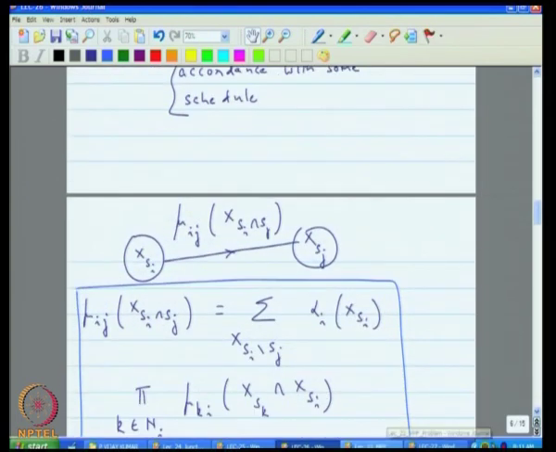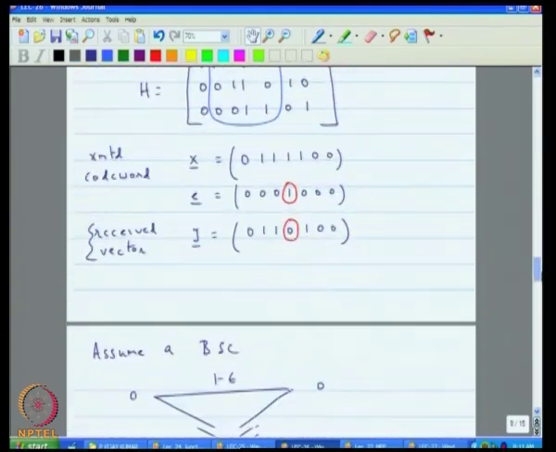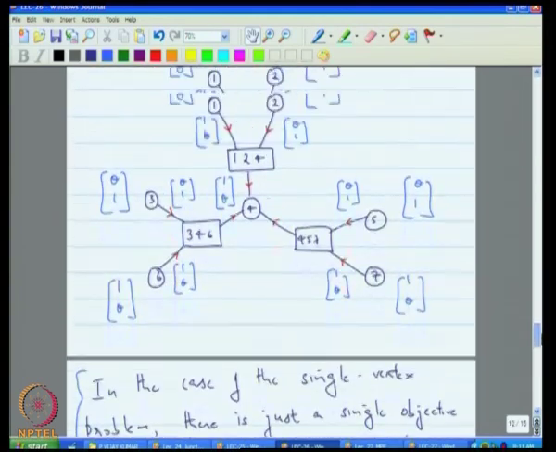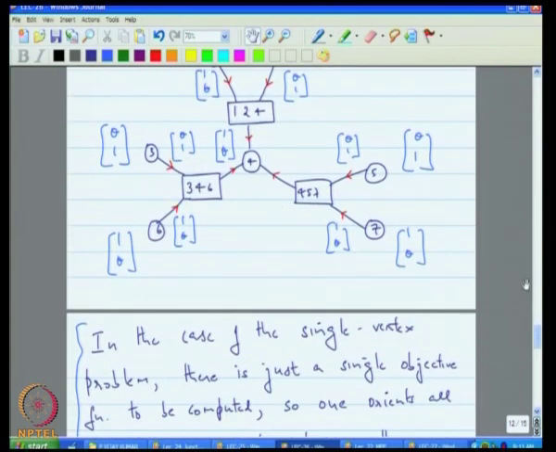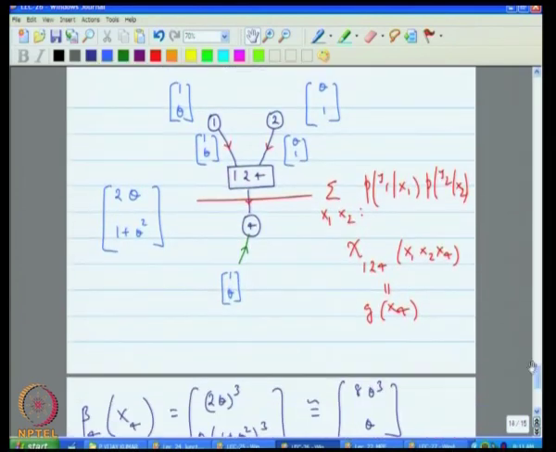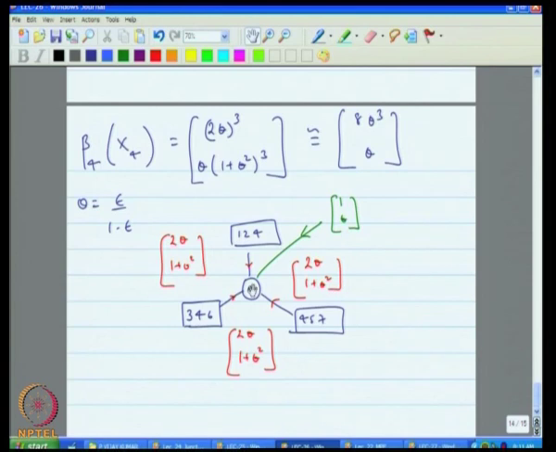If there is just a single objective function that you want to compute, then the right thing to do is to orient all the edges in your network towards the local domain associated with that objective function, which is x4 in this case, and then you pass messages, and we did that. Eventually you end up at a point where you have all the messages incoming to your objective function, and then the question is, well, what do you do here? And I said you just multiply them, and that is true, but let me just do the following.